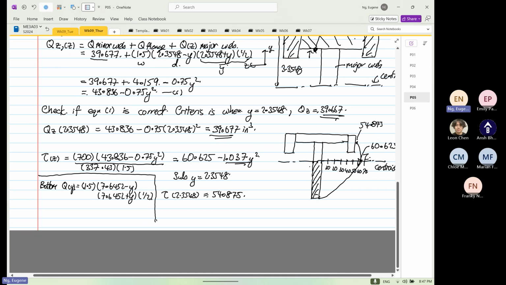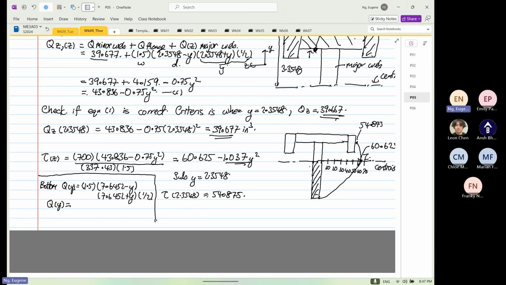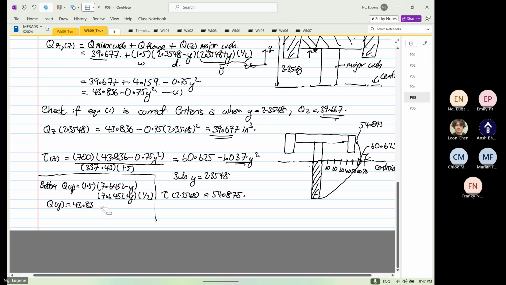So Q as a function of y will be equal to 7.6452 squared times 1.5 times 1.5 is equal to, C is the same, 43.837. Okay.